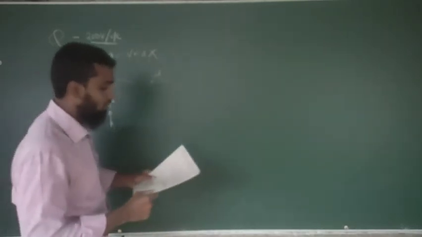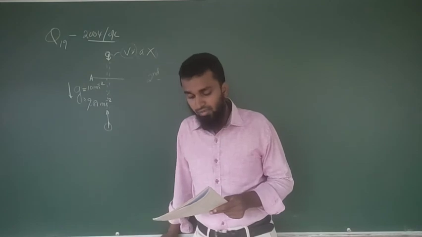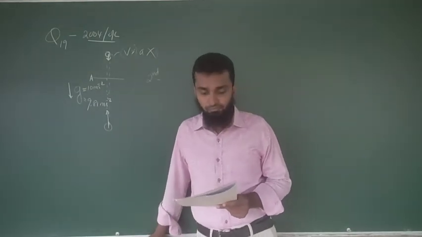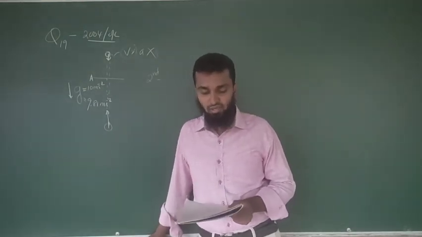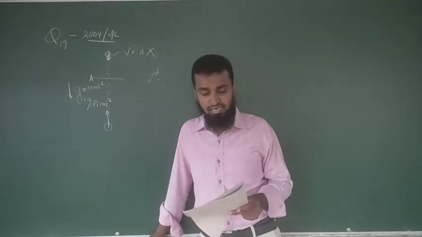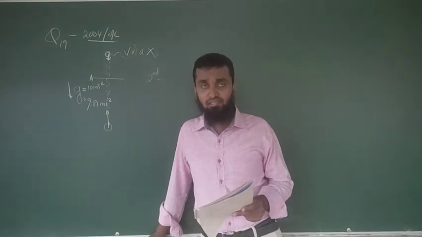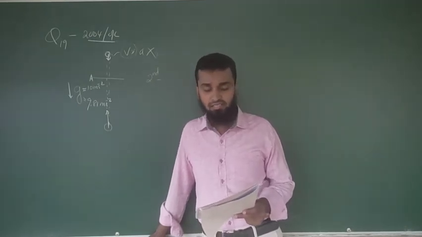Then that statement is wrong, because of the acceleration. If they had given only the velocity, considering only the velocity, then the statement would be correct. But they are considering the acceleration as well, therefore the statement is wrong, right? The third statement is the wrong statement.